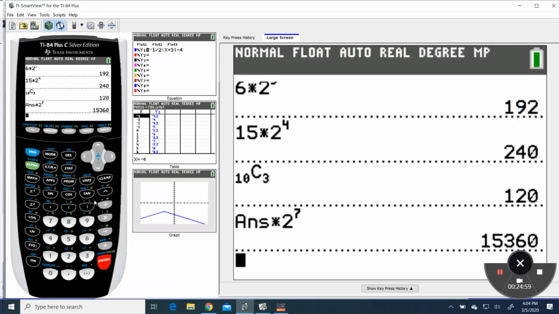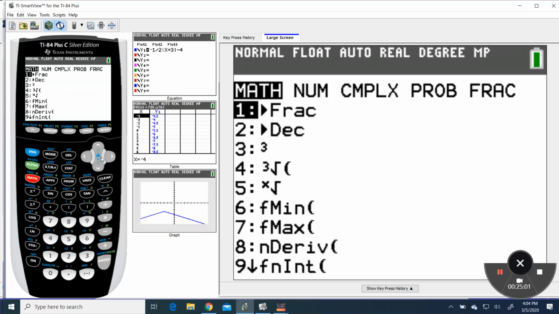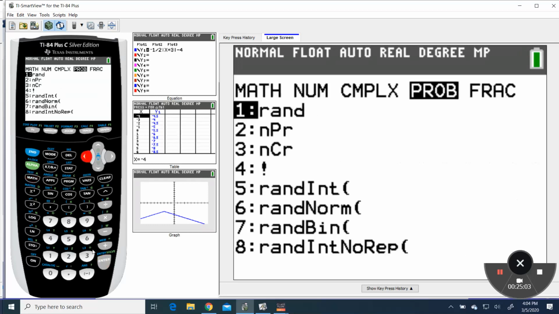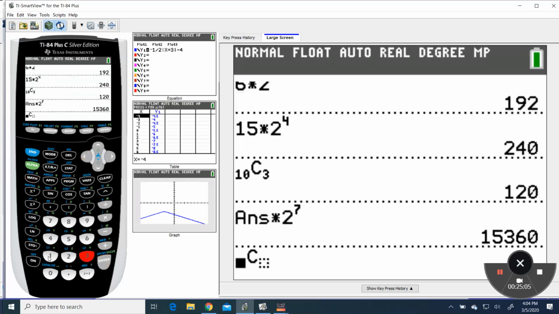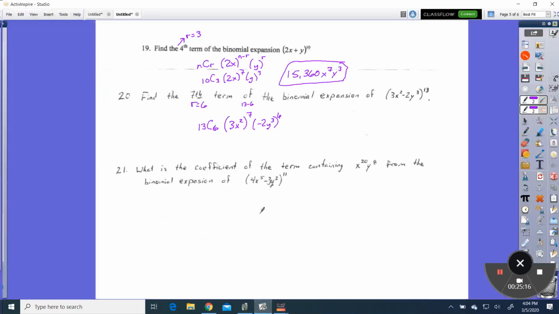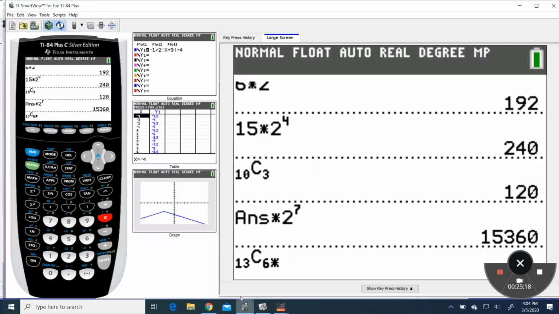So math, probability, third one, 13 C6 times 3 to the 7th.